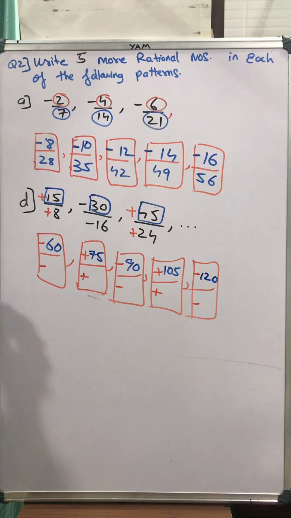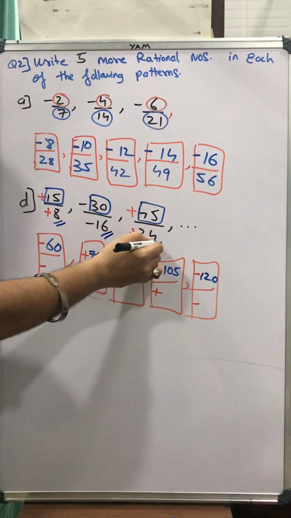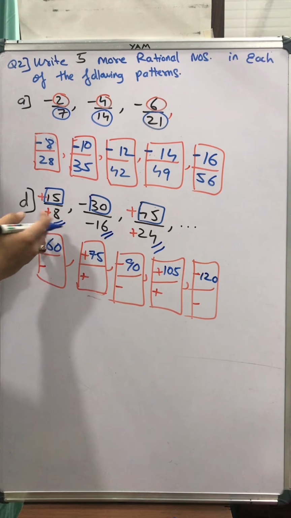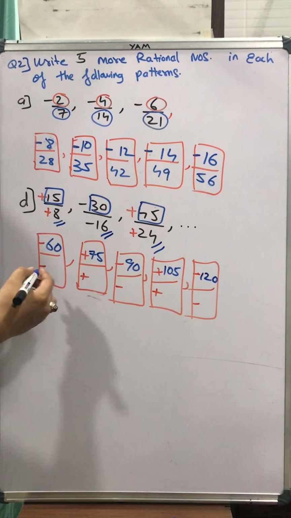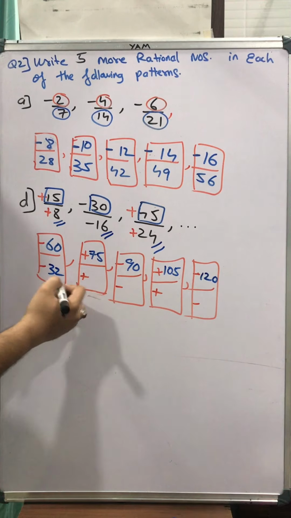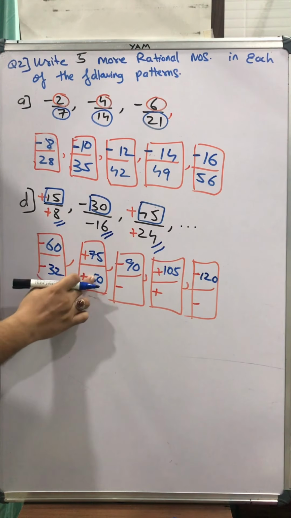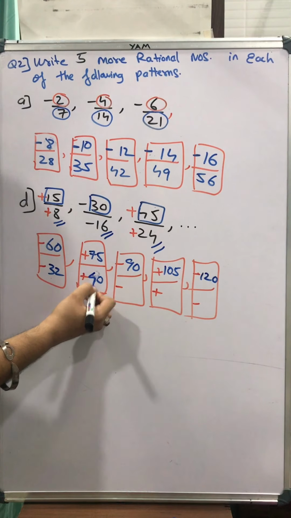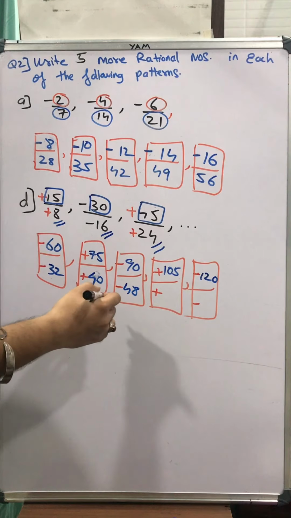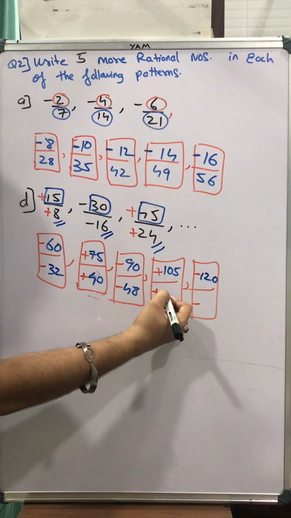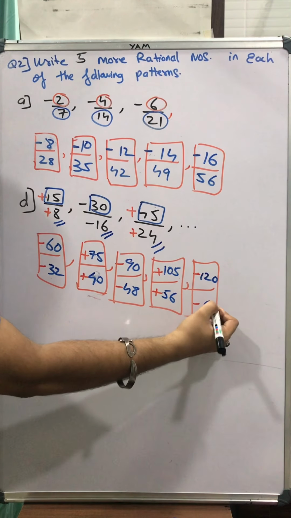Now if you closely observe the denominators, 8, 16, 24, it's the 8 times table. 8 ones are 8, 8 twos are 16, 8 threes are 24, 8 fours are 32, 8 fives are 40, then 48, 56, 64.